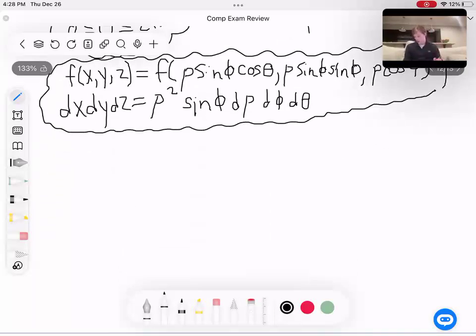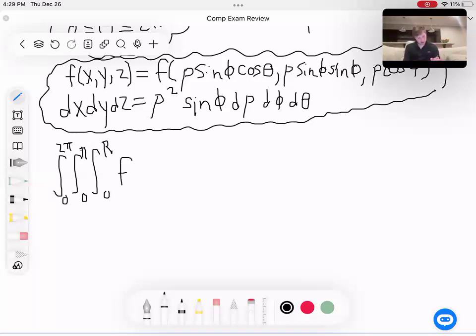We typically do rho, then phi, then theta, but we're going to switch it up in the next step. I'm going to do it as normal. So remember, rho is going to go from that to that. Phi is going to go from 0 to pi. And then theta is going to go from 0 to 2 pi.